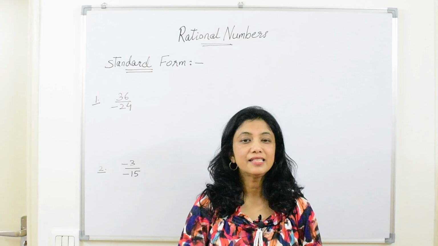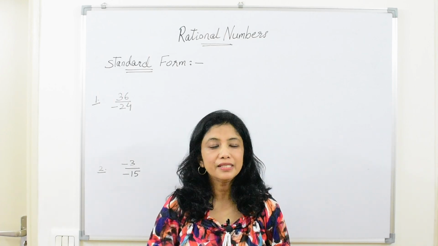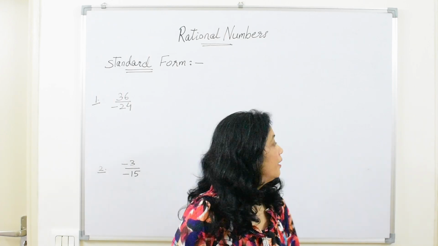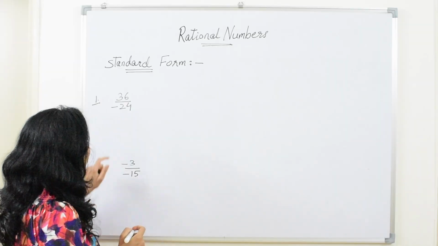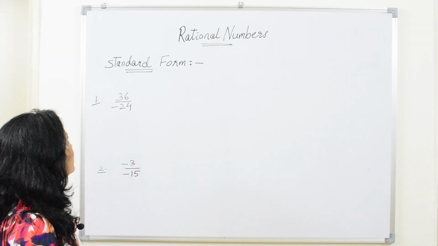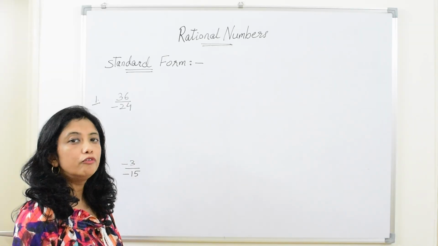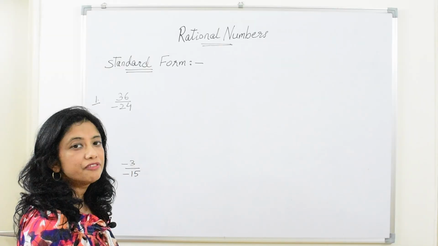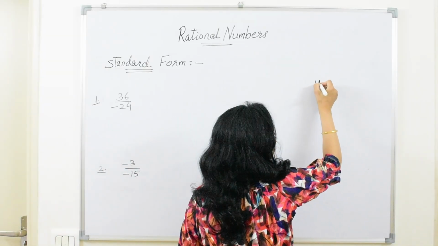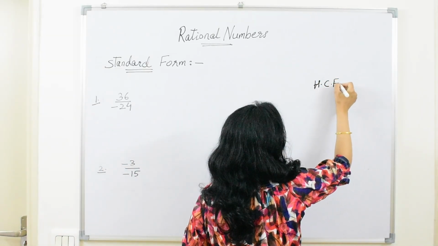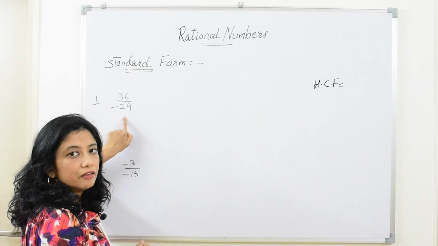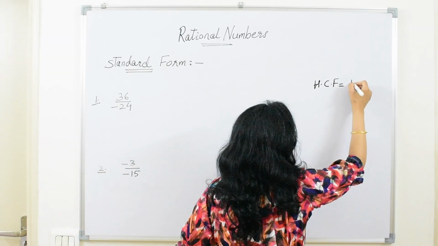Now, we will find the standard form. Standard form means the simplest form. See, we have this number. Now we have to convert it into its standard form. How will we do it? We will first find its HCF, highest common factor. Highest common factor of this is 12.